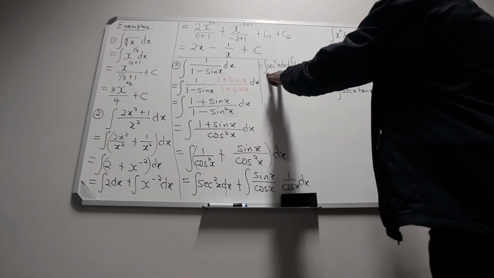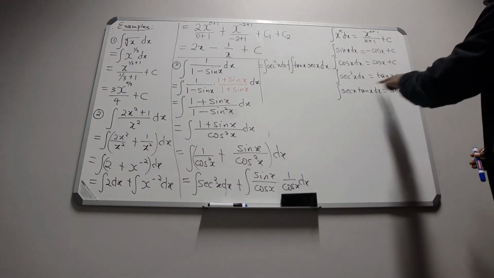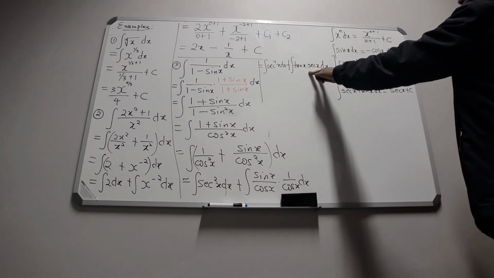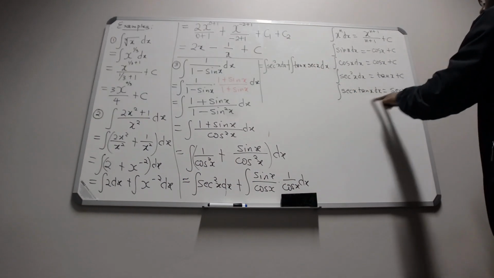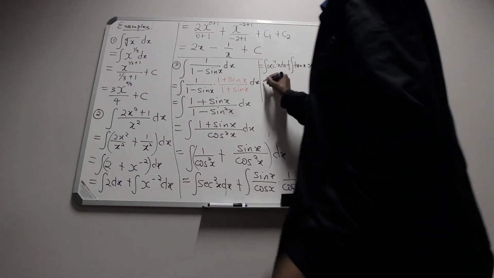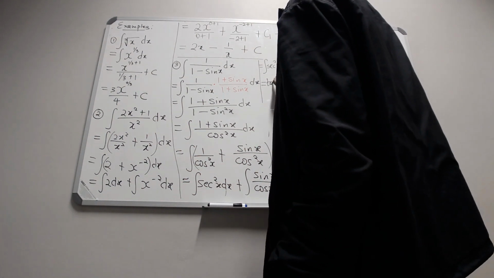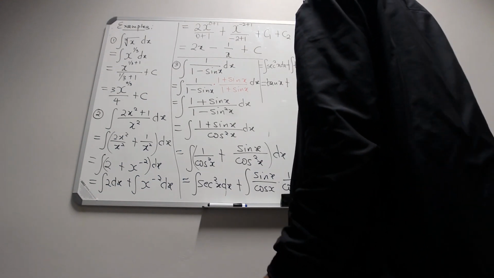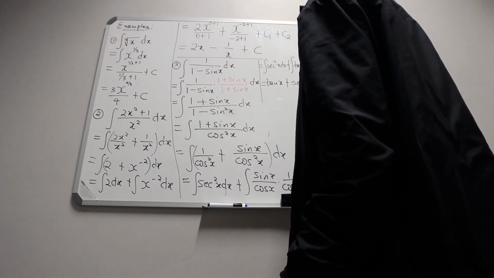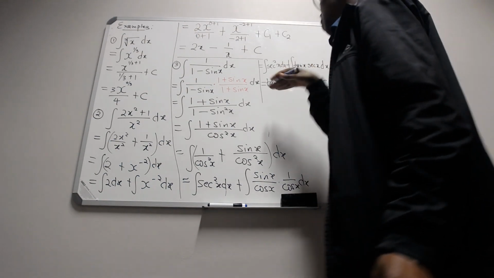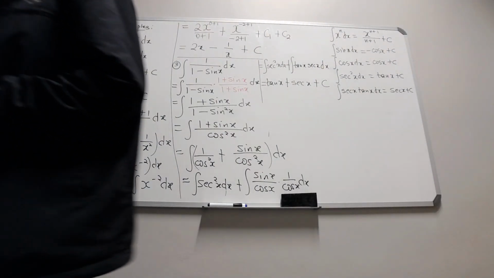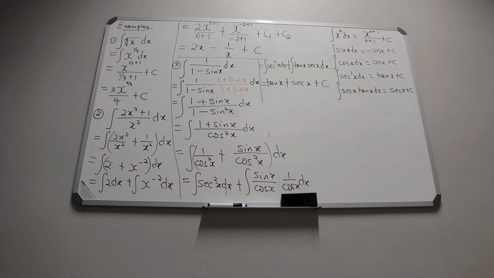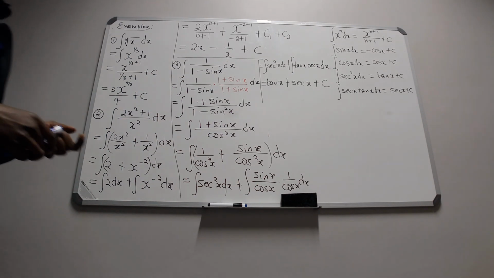And then sec squared x is there, tangent multiplied by secant, the integral thereof is there. So we end up with tangent of x for this one plus secant of x plus 1, just 1 c, like that, which answers a lot of questions.